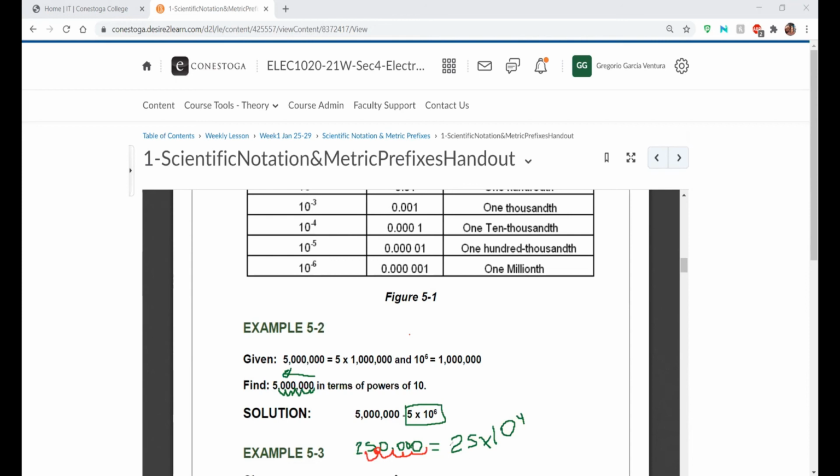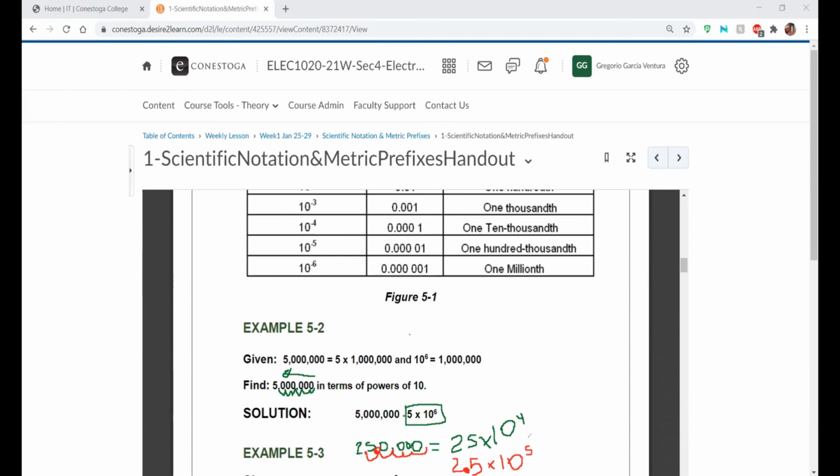Now you express the quantity as 2.5, because the decimal point is always placed right after the first significant digit. So in this case, for scientific notation, this becomes 2.5 times 10 to the 5.